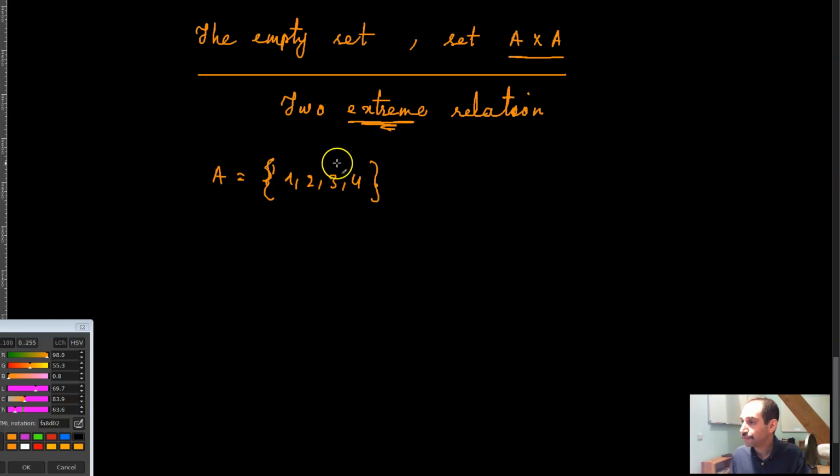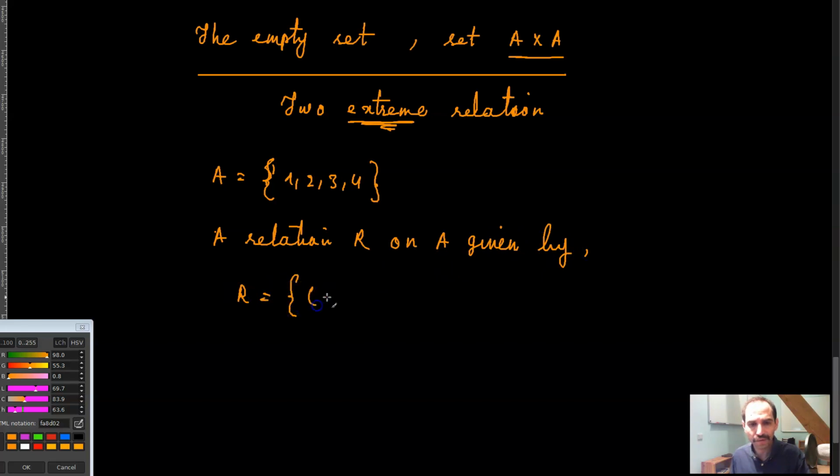So consider a relation R on A given by, for example, R is equal to the ordered pairs (a, b) such that a minus b is equal to 10, right?